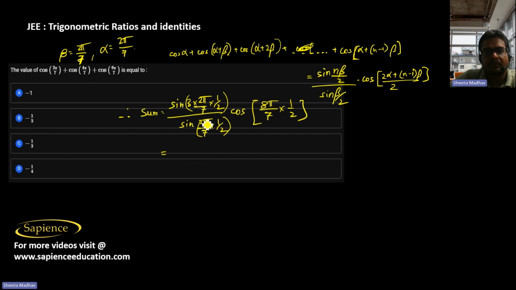So this will be, 2 cancels, 2 cancels. So this is sine 3 pi by 7 by sine pi by 7 into cos of 4 pi by 7.